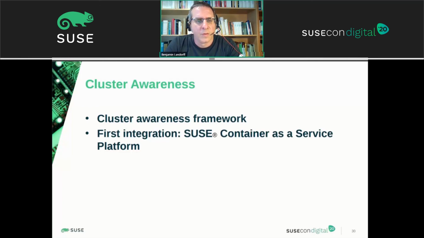So, in a sense, SUSE Manager so far is not fully cluster aware, so we don't know which cluster behaves in which way, an HA cluster, SAP cluster, container Kubernetes clusters, stuff like that. We don't know exactly which node is the master node, and we're not aware in that sense.